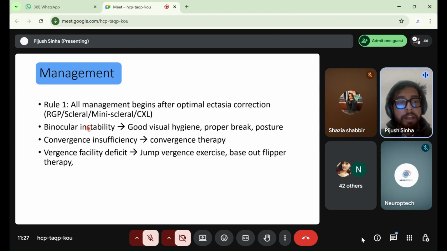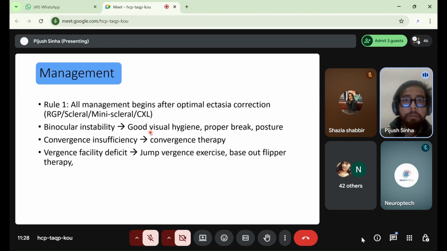Another important thing is binocular. If the patient is still complaining of eye strain, headache, and dizziness, only by modifying his lifestyle, most of the time the patient becomes symptom free. Tell the patient to have proper lighting conditions with proper back posture, and proper breaks, like the 20-20-20 rule.